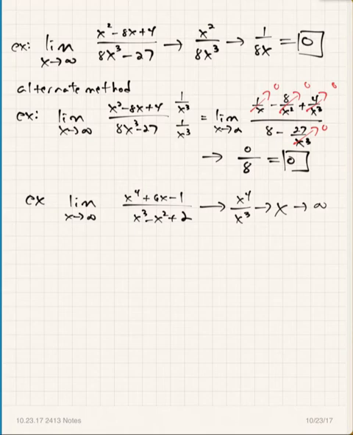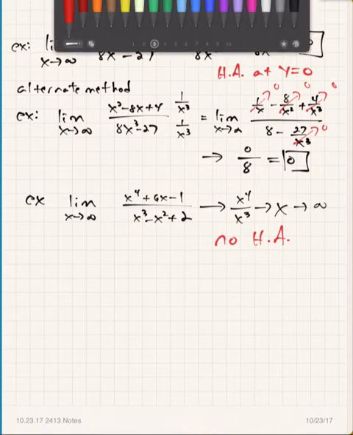In the first problem on this screen, you had a horizontal asymptote at y equals 0, based on the answers to those limits. In this problem, no horizontal asymptote, because there's no value for the limit at infinity. Remember, these are all limits at infinity we're talking about.